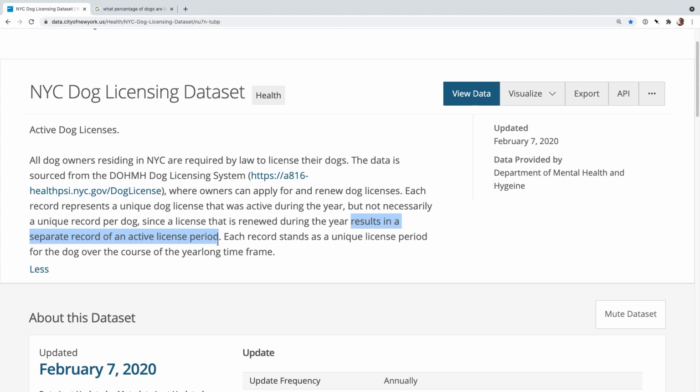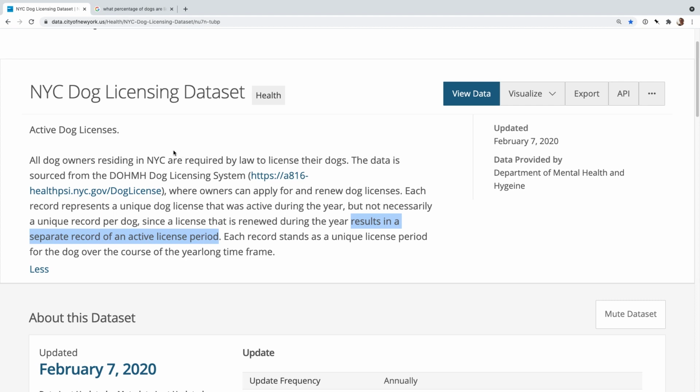Anybody who renewed their license in 2018 actually has two records in this data set. So that's something we're going to need to know and think about in our analysis, and also maybe even caveat when we present this to our audience. So all really good to know.